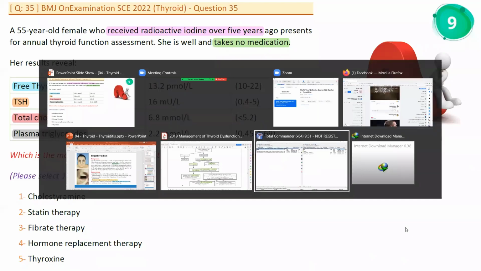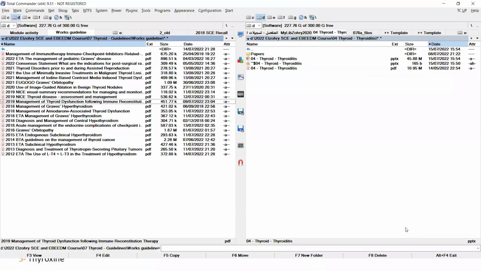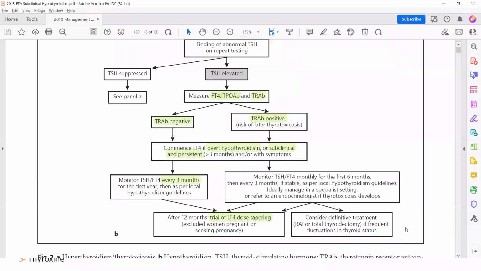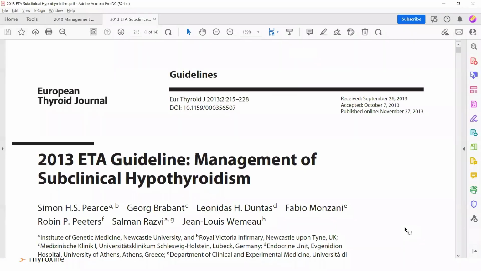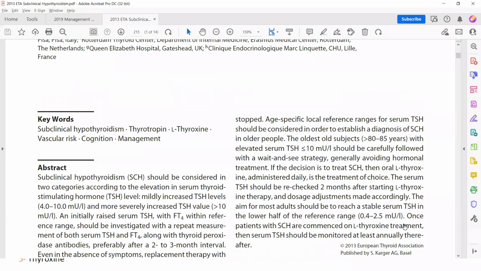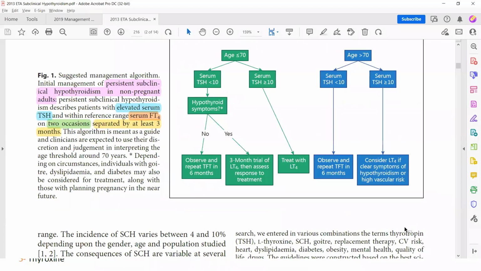In the ETA guidelines on subclinical hypothyroidism, they mention how to manage according to this algorithm.